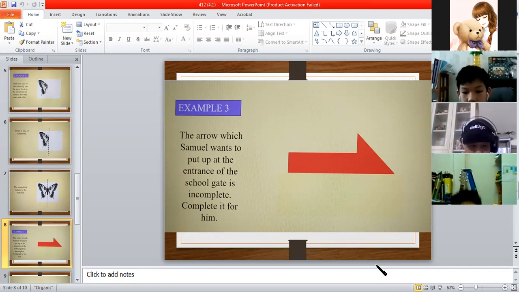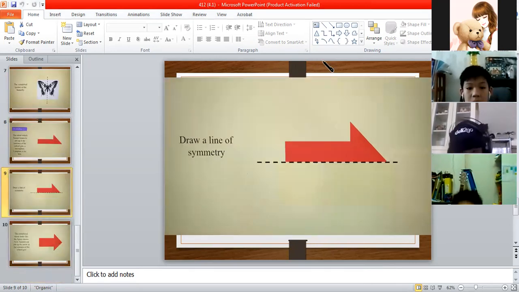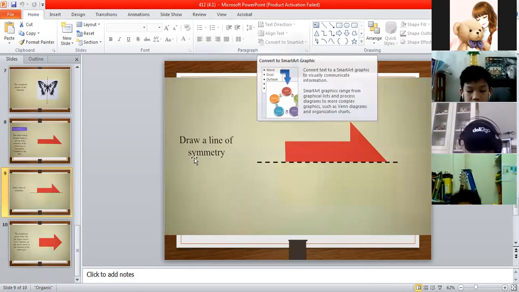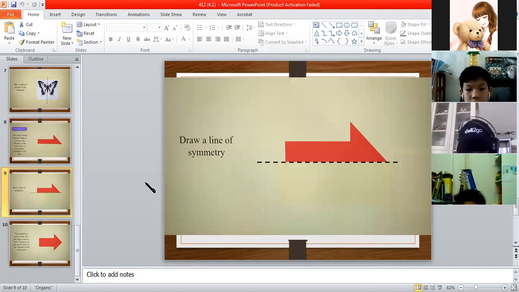Symmetry line. So you have to draw a symmetry line to complete this arrow. So what way? See again, vertically is up to down. How can you draw up to down? Horizontally. Very good. So you have to draw a line of symmetry horizontally.